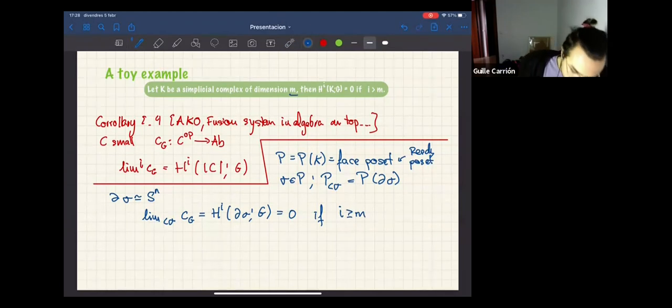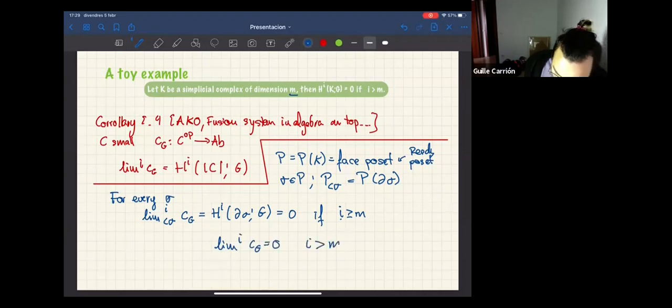So we have that for every sigma, these higher limits are 0 if i is greater than m. So by the theorem, we know that these limits are 0 if i is greater than m.